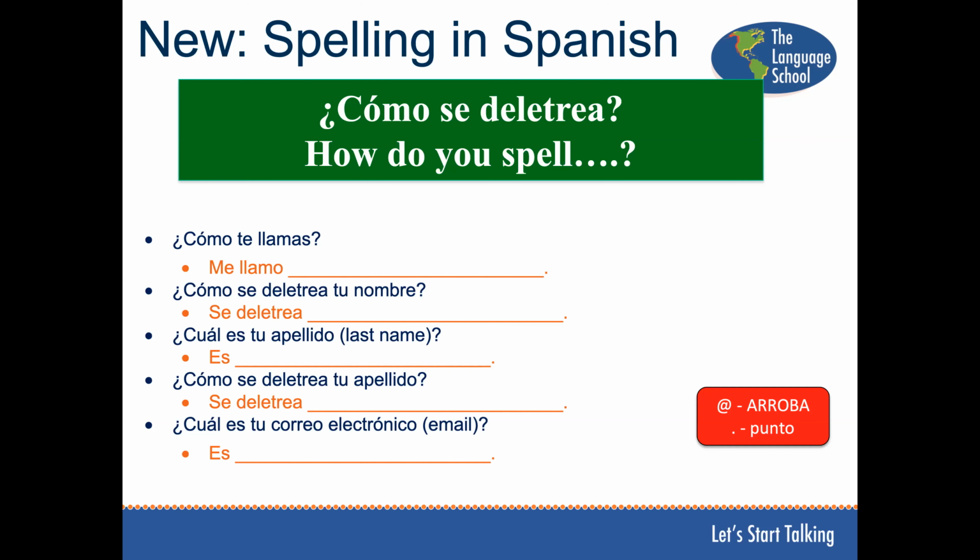Let's see here. Next we have, who is Galaxy A10E? I can see you, but I can't hear you, Galaxy. Let's see here. Francis, are you with us? Aquí estoy. Hola, Francis. Hola. Francis, ¿cuál es tu correo electrónico? It's meaning email. Es francis@thelanguageschool.us. ¿Lo deletreo?